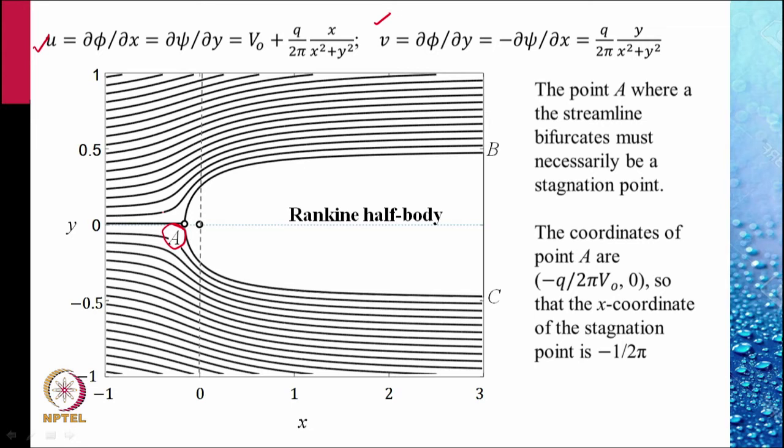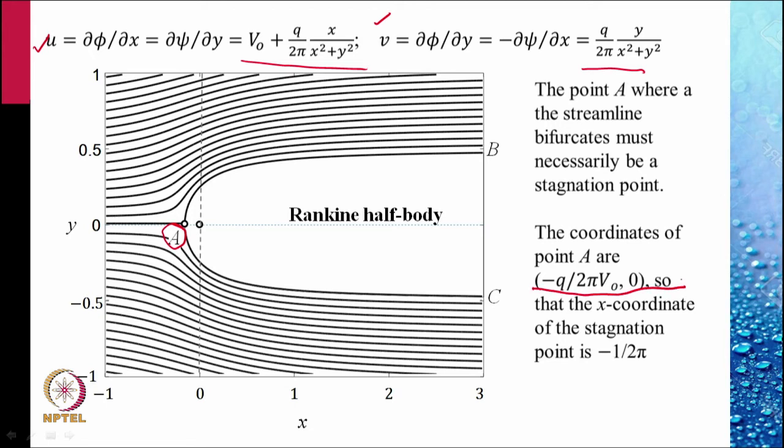The y coordinate of this point is clearly 0 from this equation, and from this equation for u, the x coordinate is obtained as minus q divided by twice pi V naught.